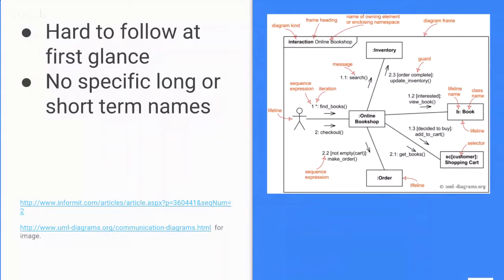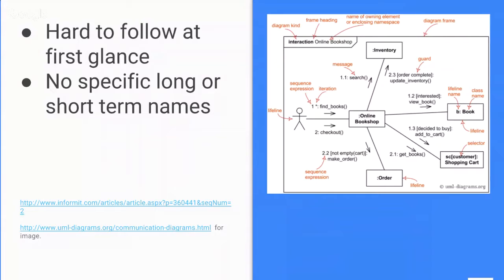For instance, this slide says interaction online bookshop, and then you have your long-term communication diagram depicted. There's a different way of modeling this that's the short-term. I didn't add one to this presentation, but to put the name in that same box at the upper left-hand corner of the diagram, you would simply change the word interaction to the letters SD. In that way, you have the naming systems.